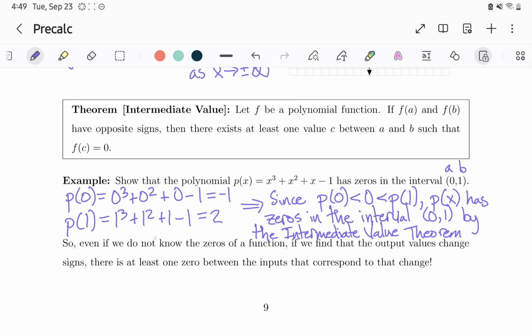So even if we do not know these zeros of a function, if we find the output values change sign between two input values, then we know there is at least one 0 between those two input values.